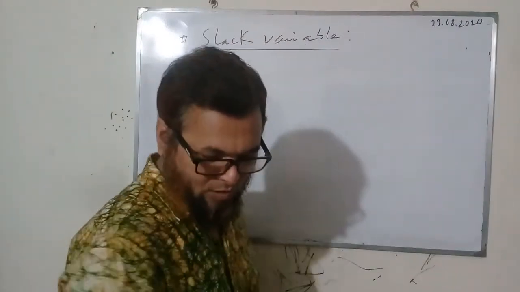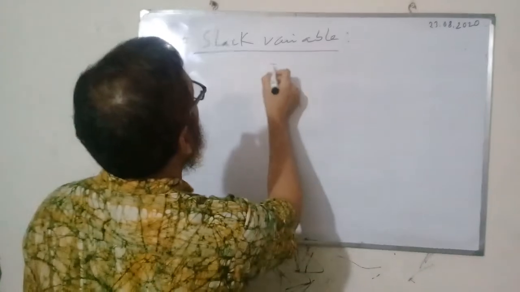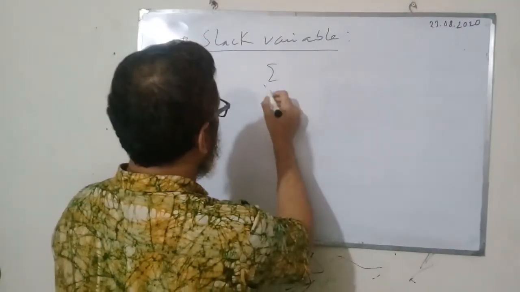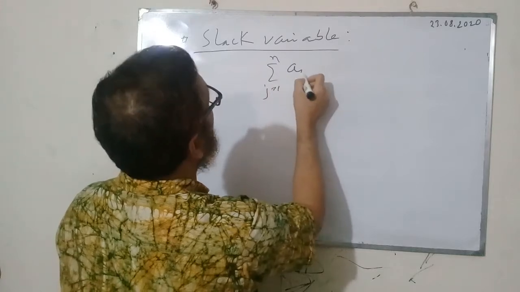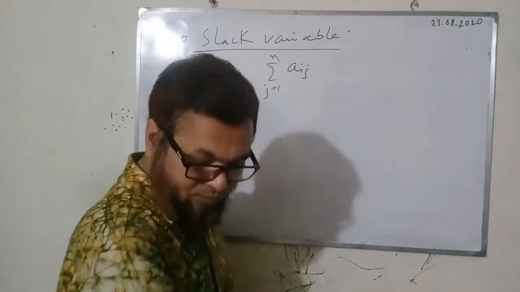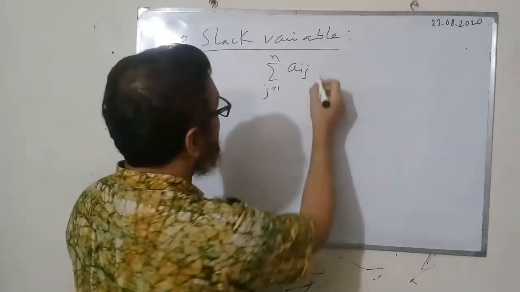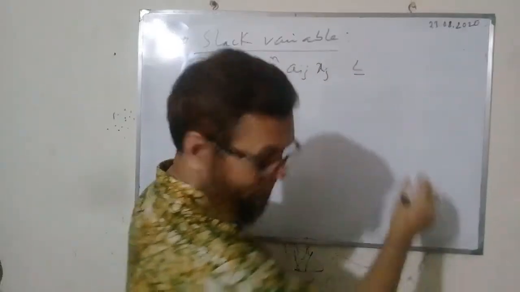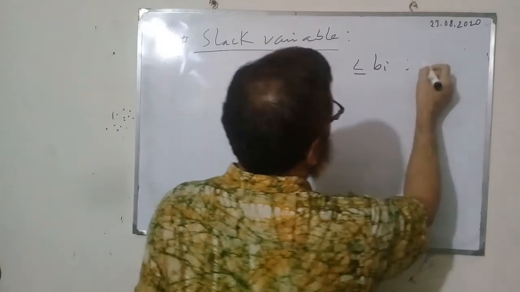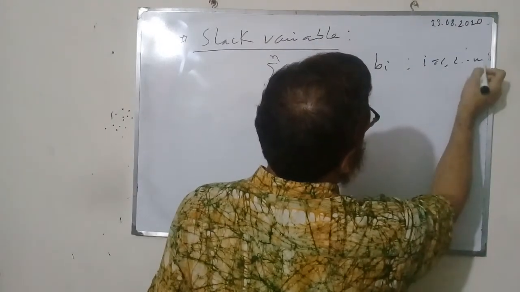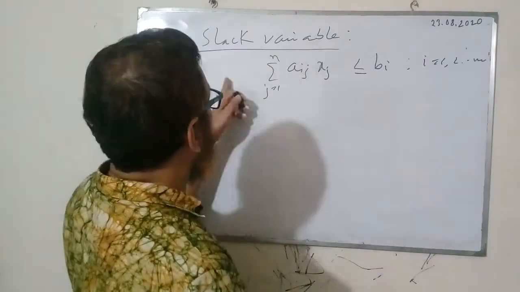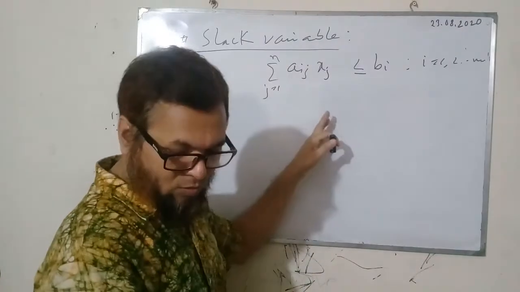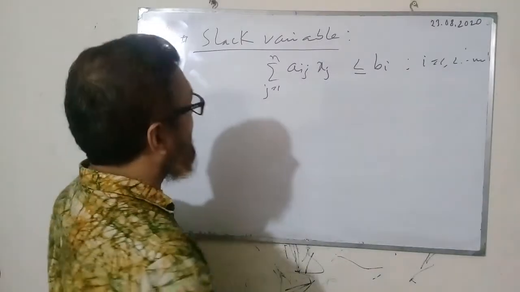For example, consider the constraint is less or equal to type.